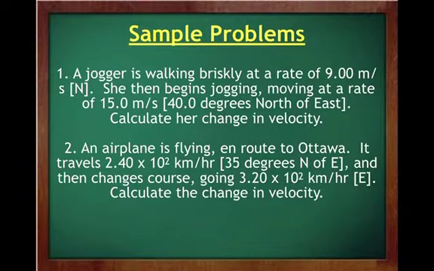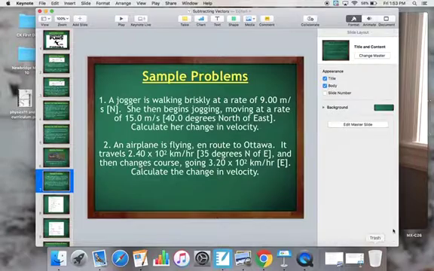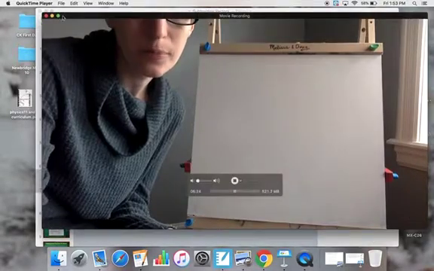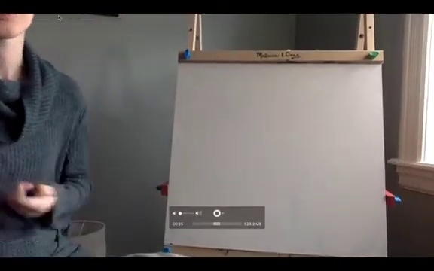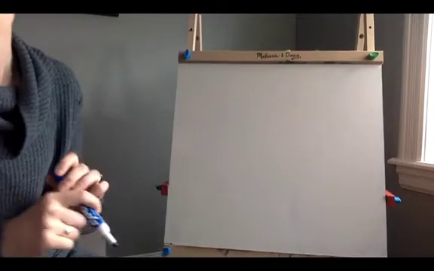So problem number 1, we have that a jogger is walking briskly at a rate of 9 meters per second north. She then begins jogging, moving at a rate of 15 meters per second, 40 degrees north of east. Calculate her change in velocity. All right. So with this one, again, we start with what we have, right?